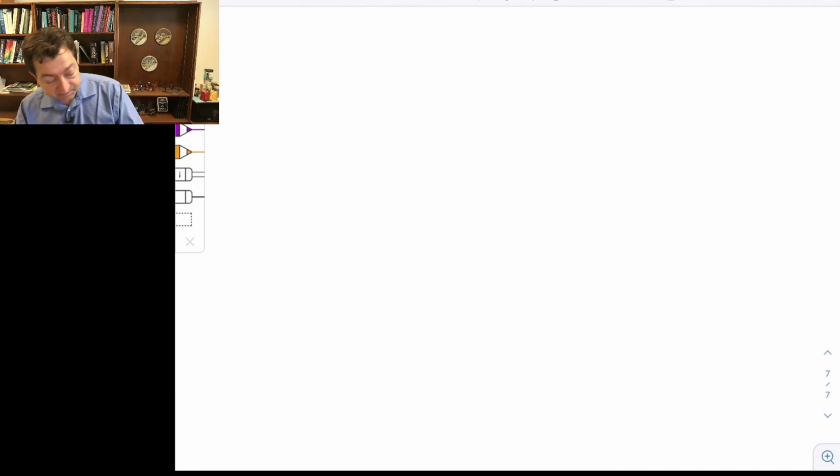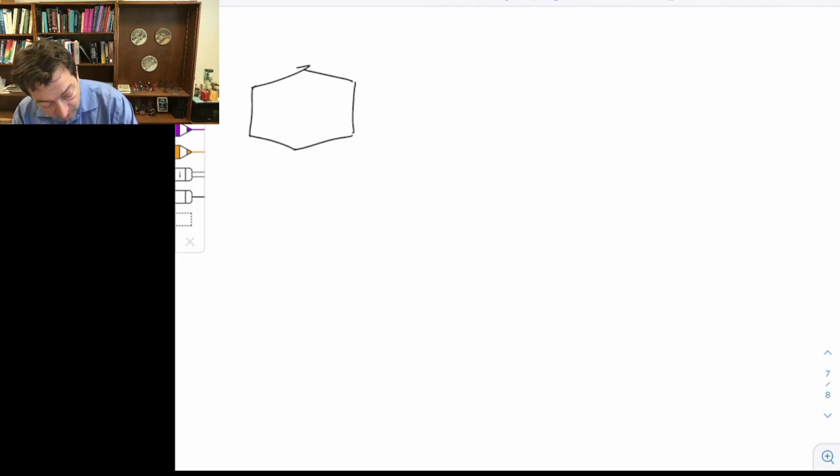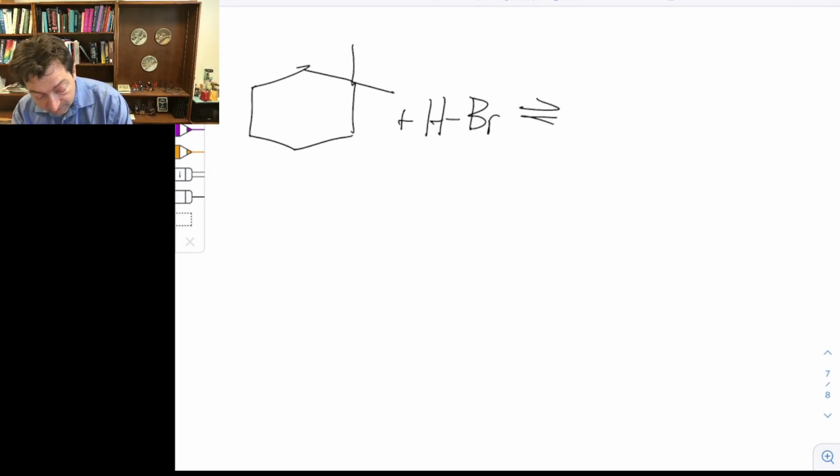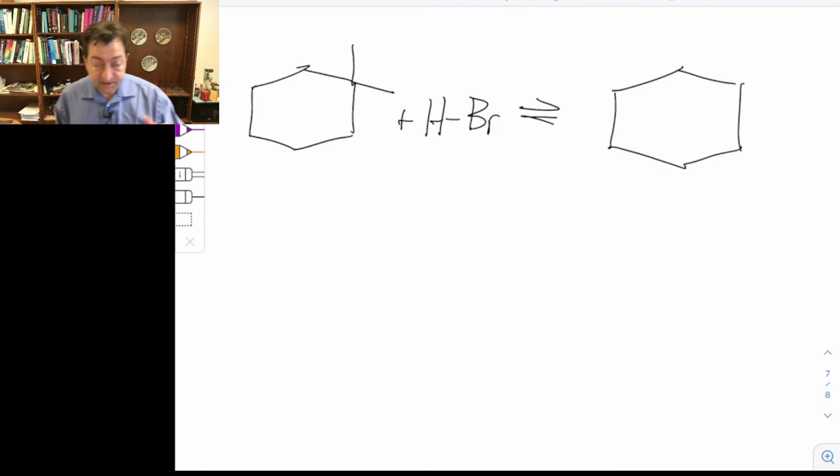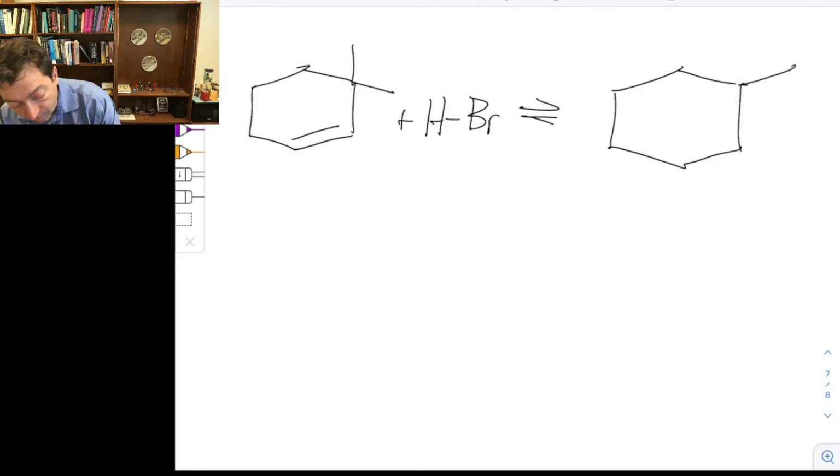And just one last piece of evidence to add some more support for those carbocations. Do we see the same kind of thing with methyl shifts? And of course, the answer here is also that we observe the same thing. Again, I should put the double bond in here. If we start with a double bond at that particular position, in the presence of HBr, what we observe is a product that looks like this.